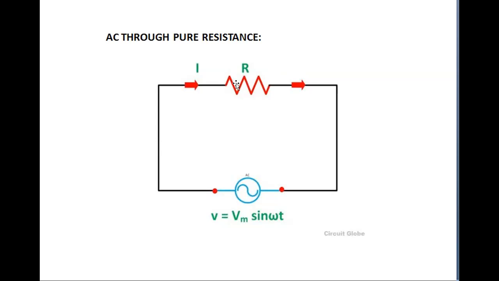That means if R is in decimal number, that means in points, then Vm is less than Vm by R. And consider if Vm is greater than Vm by R, that is Vm is greater than Im. Im is nothing but the maximum value of the current flowing through the resistor. So then the waveforms of both the Vm and Im, I will show the result here.